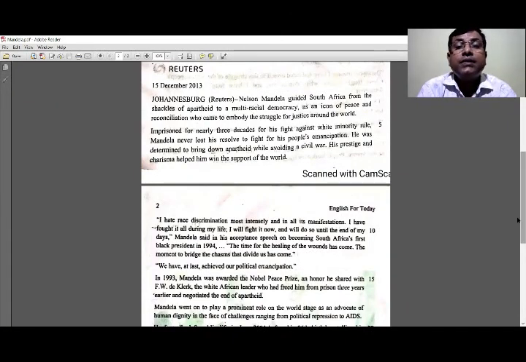Actually, you can see the lesson we are going to read, and at the very outset of the lesson, you can see Reuters. Actually, Reuters is the name of an international news agency based in London. And here in this lesson, you will have a news report on Nelson Mandela.